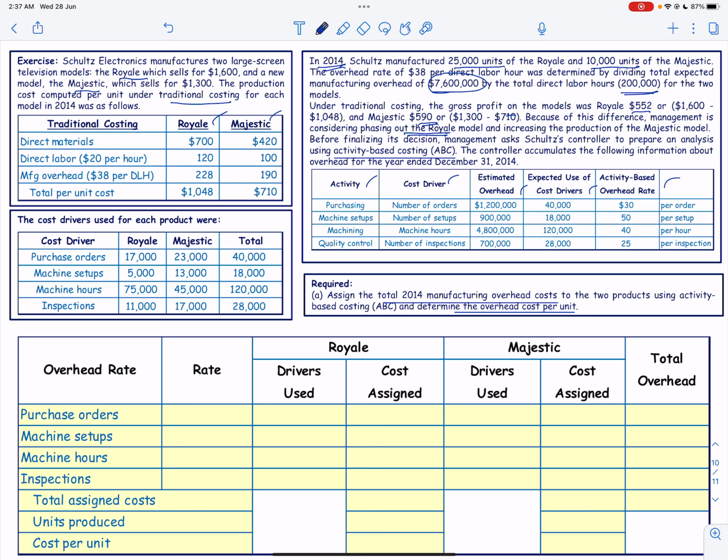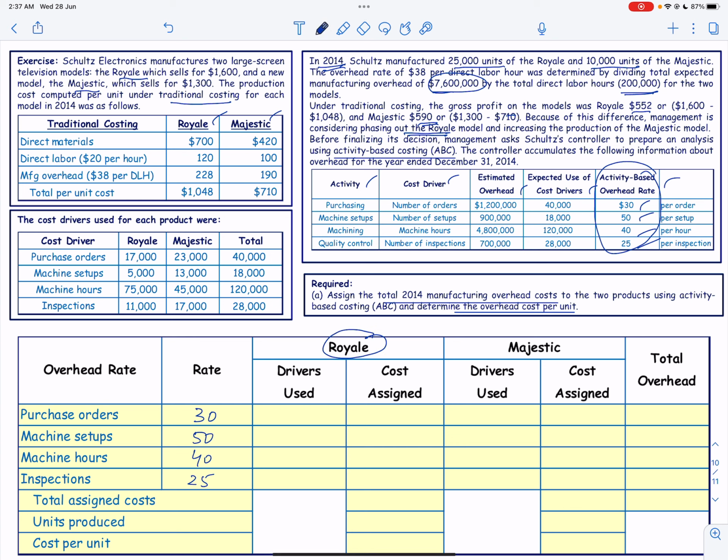Okay. So first of all, we have the overhead rates that are given over here: 30, 50, 40 and 25. So these are the four rates that are given in the question, and then we are going to use the drivers for Royal.